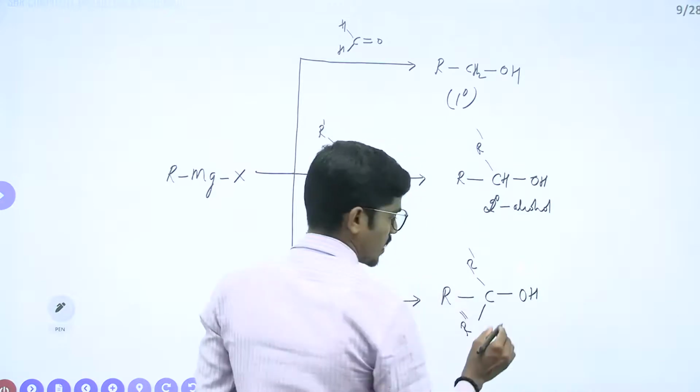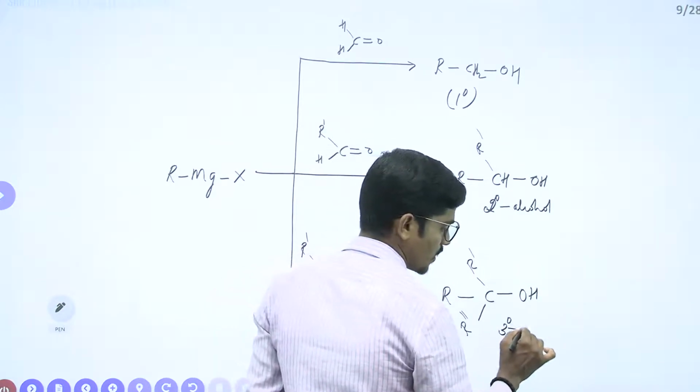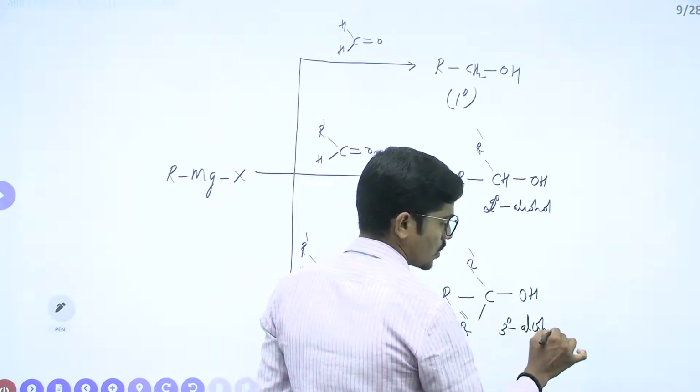So this is a tertiary alcohol. Tertiary alcohol is the product.